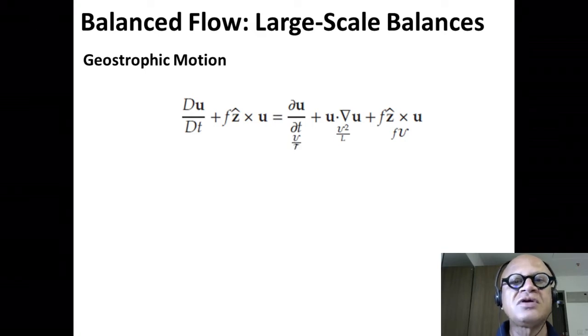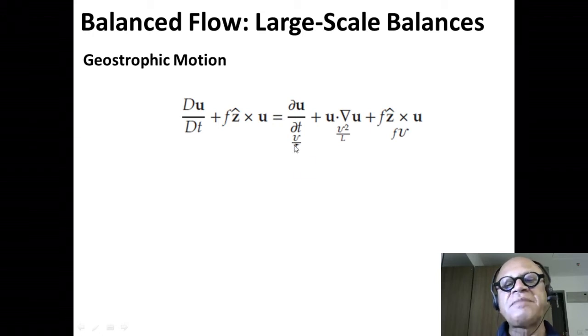It could be wind or ocean current scale. Let's say in the atmosphere it's about 10 meters per second, and in the ocean it's about, let's say, 1 centimeter per second. The typical time scale associated with it is obviously much shorter in the atmosphere than in the ocean, and this then becomes u dot grad u.